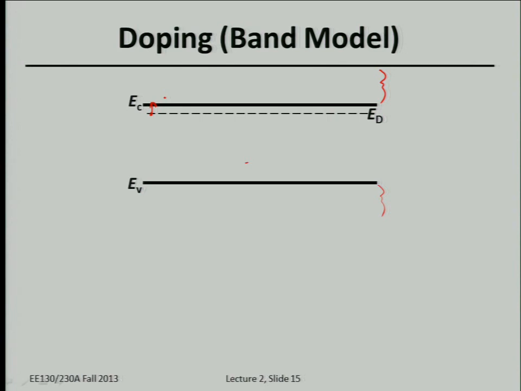So why am I drawing it here as a dashed line? These energy levels of donors are dashed lines. They're not uniformly spread throughout the semiconductor. There are very few of them, at the most 1 in 100. So only occasionally you'll see a donor atom, even in the most heavily doped case. They provide discrete energy levels spread throughout the silicon lattice.